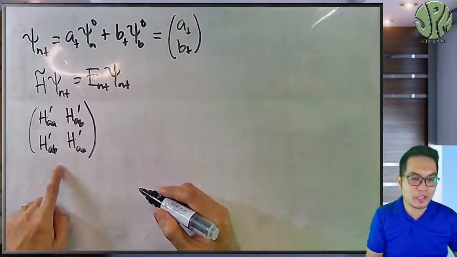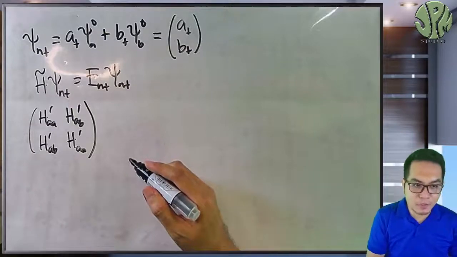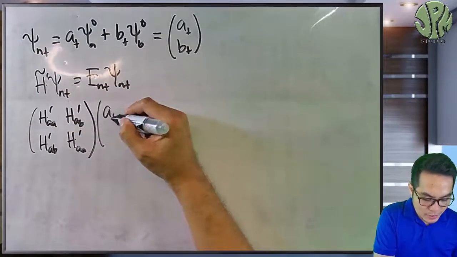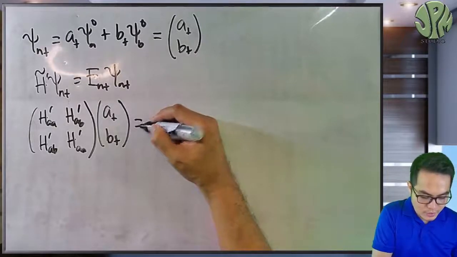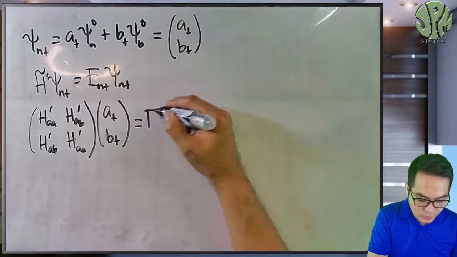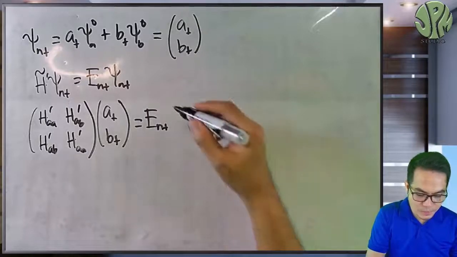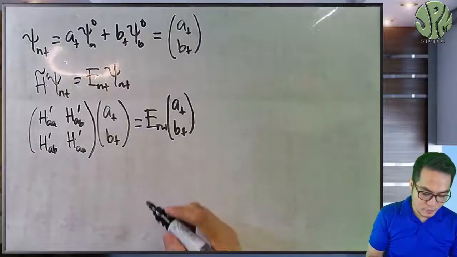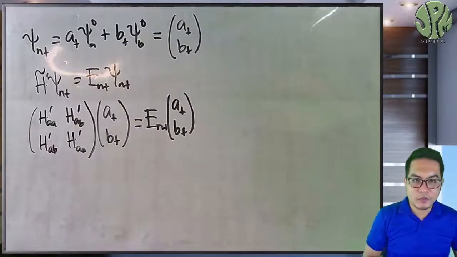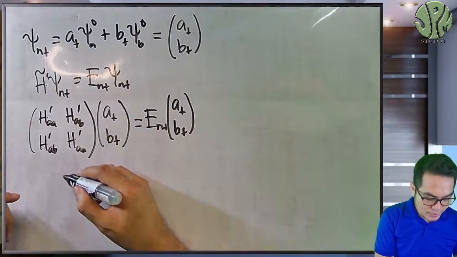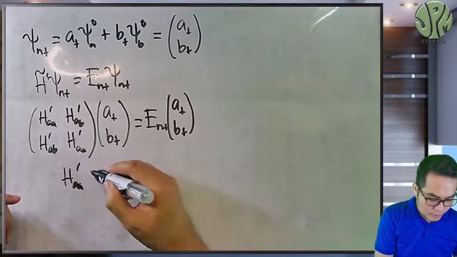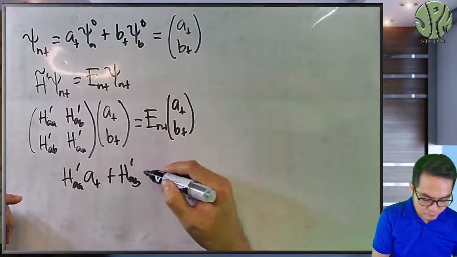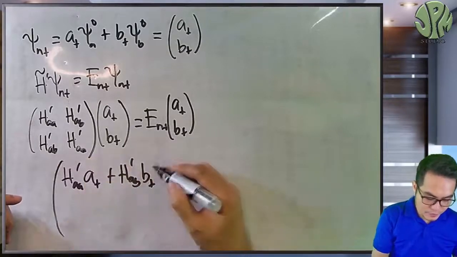So these are the matrix elements of my perturbation matrix H prime. And then this is A plus B plus. This is En plus. We already know the value of En plus. We'll substitute that later. Basically, you multiply these two matrices and you get HAA prime A plus plus HAB prime B plus. That's the first element.